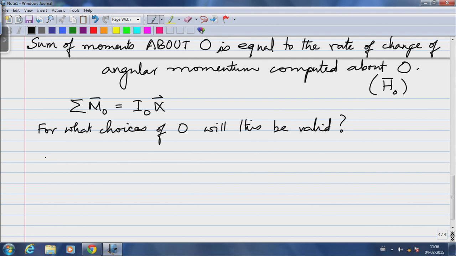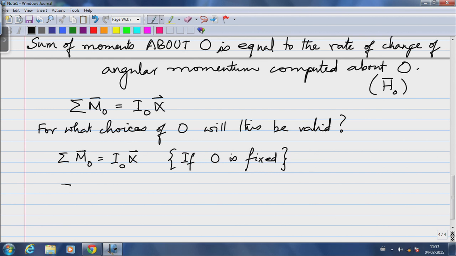Now, I am not going to derive this, but I am going to write this down, that there are 3 specific instances where this simplification will apply. Okay. So, the first one is if O is fixed. It does not matter where O is, it could be in the body or outside the body. If O is a fixed point about which you are computing the moments and the moment of inertia, then this equation will work.